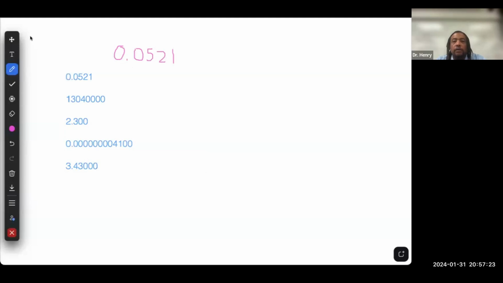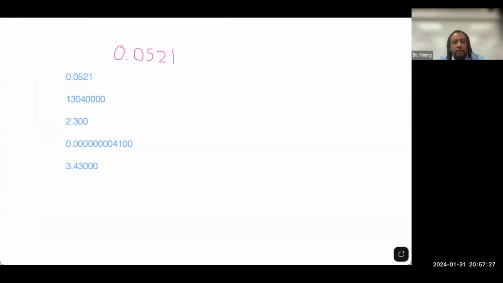Okay. So let's start with the first one. How many sig figs do we have for that very first number? So that 0.02, 0.0521.